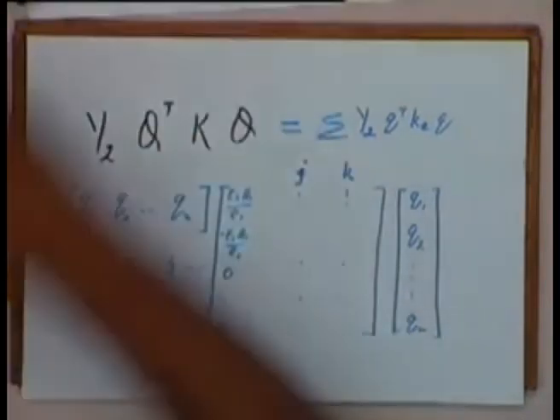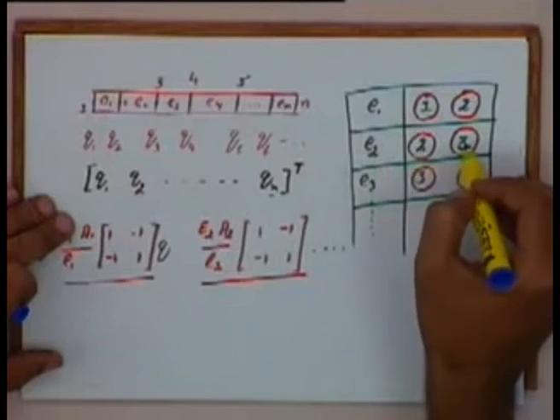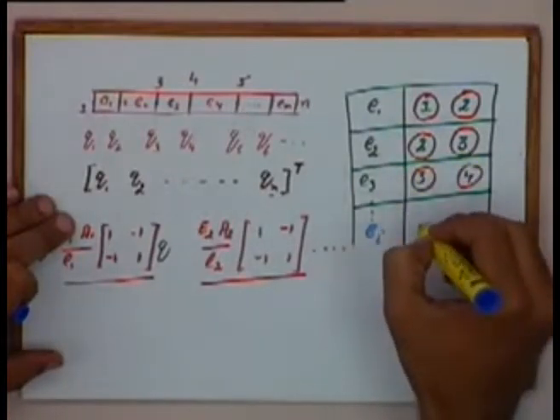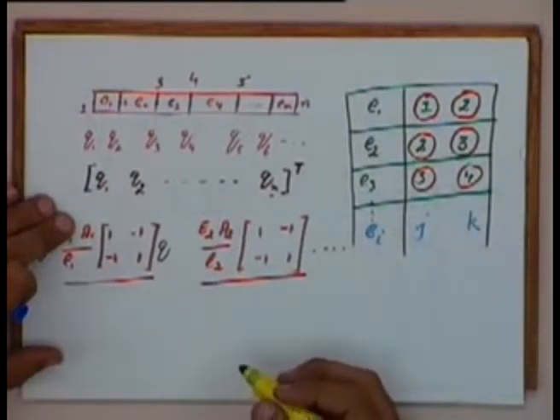If you look up this table, the element E1 is between nodes 1 and 2, E2 is between 2 and 3, and so on. So if I take EI, that is between nodes j and k. Is that okay?